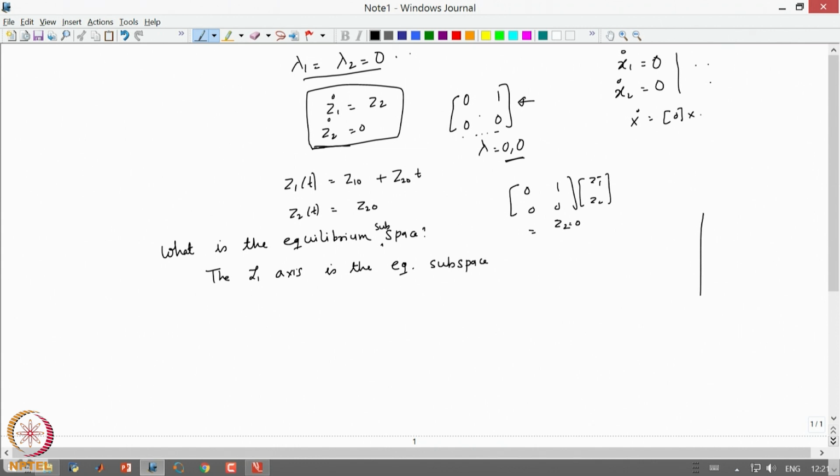If I were to plot on the Z1 Z2 plane, this entire Z1 axis is my equilibrium subspace. What happens close to the equilibrium? It's easy to check that my phase curves will just be parallel to the equilibrium subspace.